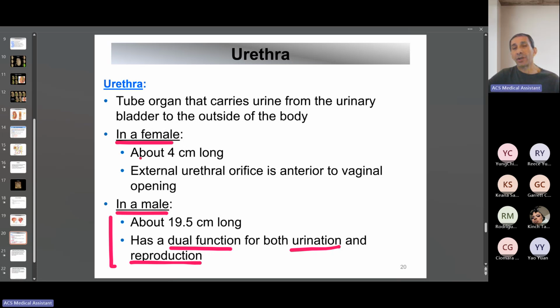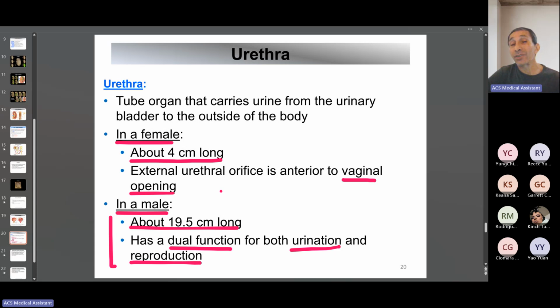Now, the female's urethra is very short compared with the male's urethra. You don't need to know the length of the female's urethra and the male's urethra. You just have to think that, oh, the male has a penis, therefore the urethra is longer. The female's urethra is so short, and the external urethral orifice is anterior to the vaginal opening.